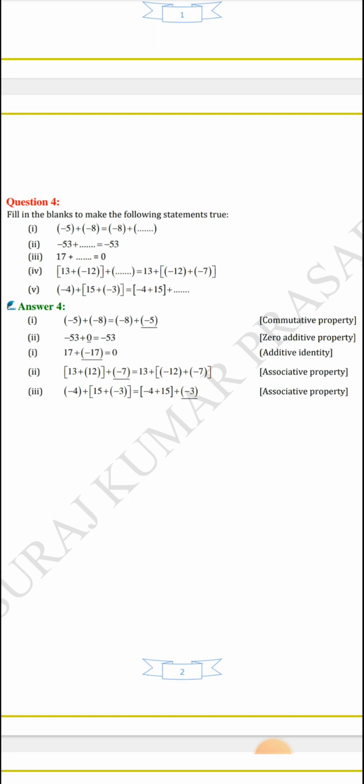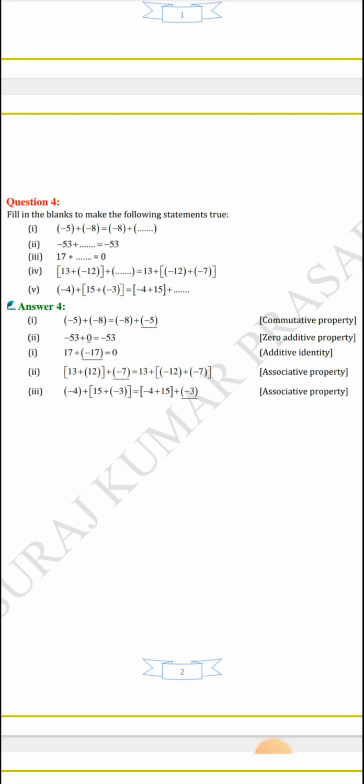Fourth one, 13 plus minus 12 plus blank is equal to 13 plus minus 12 plus 7. As here in the bracket 13 and minus 12 are there, and on the other side minus 12 and 7 are there.